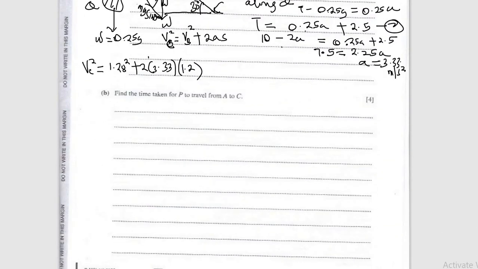So let's get this up. 1.28 squared, that's 1.6384, plus 2 times 3.33 multiplied by 1.2, 7.992. Add them together with 1.6384.